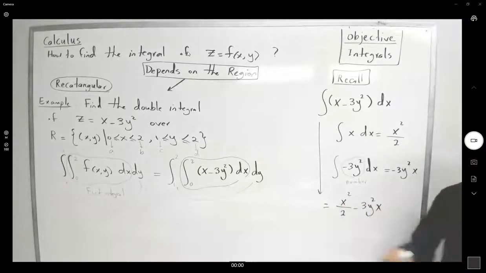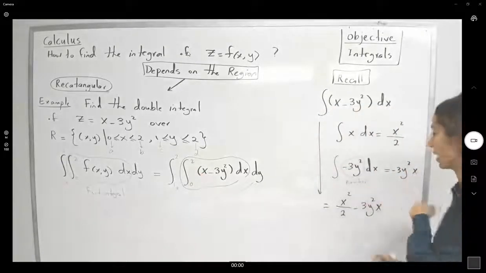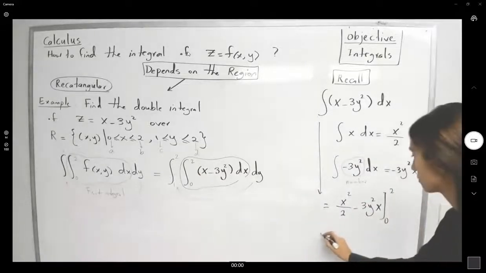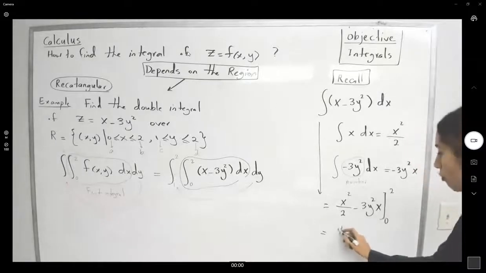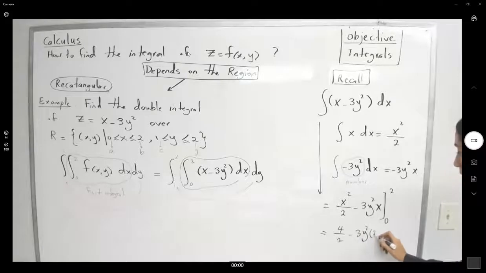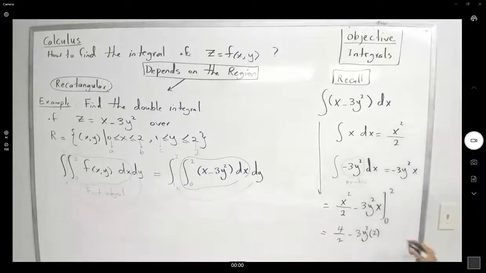Since it's a definite integral, we plug in 2, we plug in 0, and do the subtraction. If I plug in 2, what do I get? I get 4 over 2 minus 3y squared times 2. If I plug in 0, both of these terms are equal to 0, so I'm not worried about this. So I get 2 minus 6y squared.